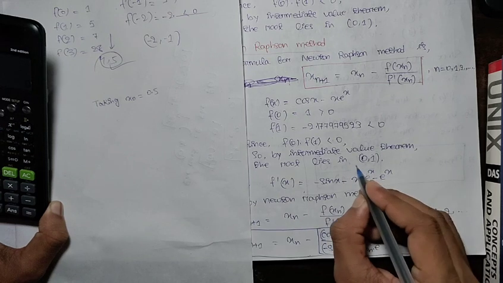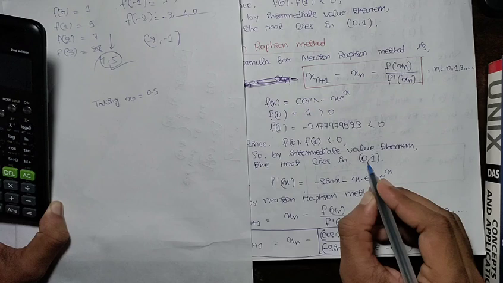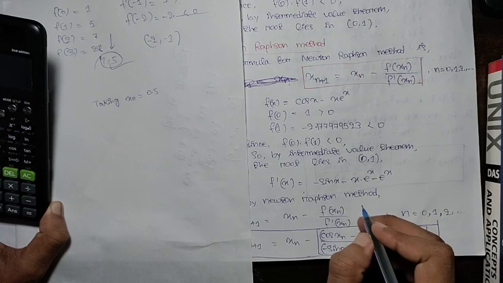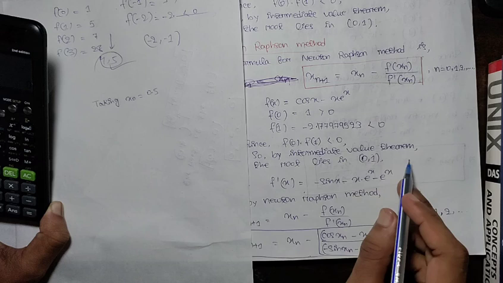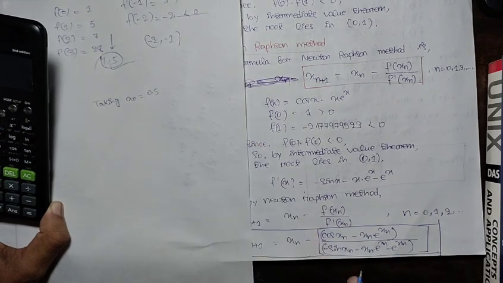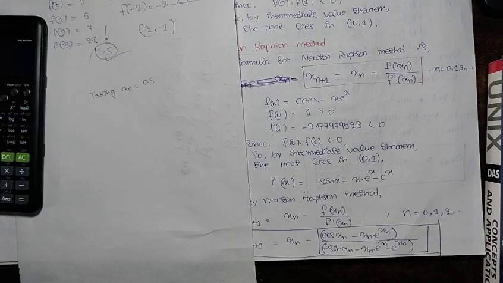The interval is 0, 1. Okay, so you can choose any value between 0 and 1. So any value, but if you use the mid value, the steps of your problem become lower. Okay, the steps will be reduced.